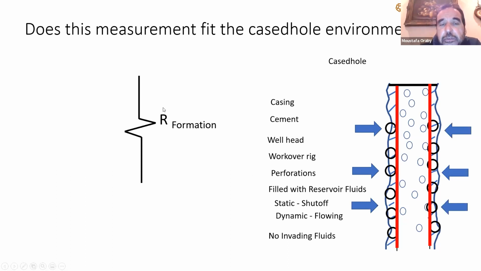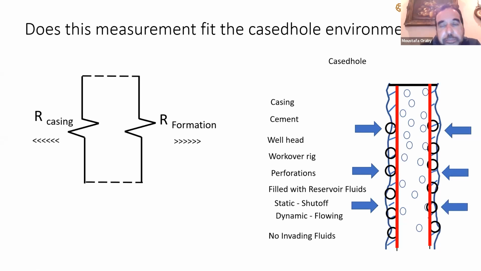So the R of the formation is in parallel with the R of the casing. Formation resistivity is high because it contains rock and hydrocarbon. Casing resistivity is very, very low. It's a metal, and metal resistivity is very low.